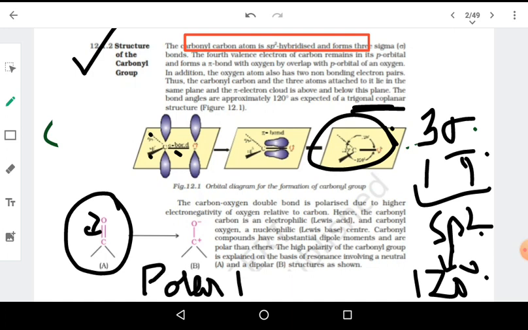And this oxygen is ready to form a negative sign, so we can say this oxygen is a nucleophilic center. And what about the other one? The carbon is the electrophilic center. So that is an important point. Oxygen is acting as a nucleophilic center and carbon is acting as an electrophilic center, or the Lewis acid.